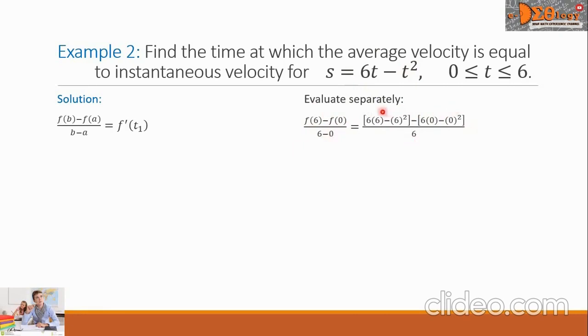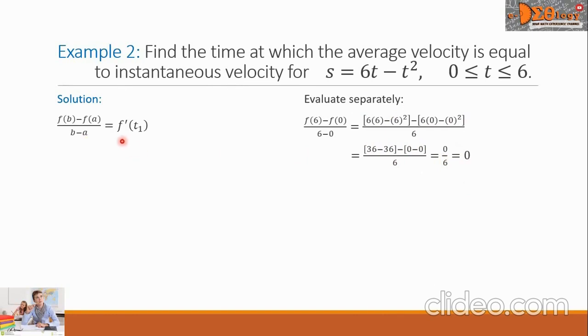Simplifying our numerator, 6 times 6 is 36, minus 6 squared is also 36, minus 6 times 0 is 0, minus 0 squared is 0. 36 minus 36 is 0, minus 0. So in the numerator, we can simply write 0 all over the denominator 6, and the quotient here will give 0. This is the value of our left side.